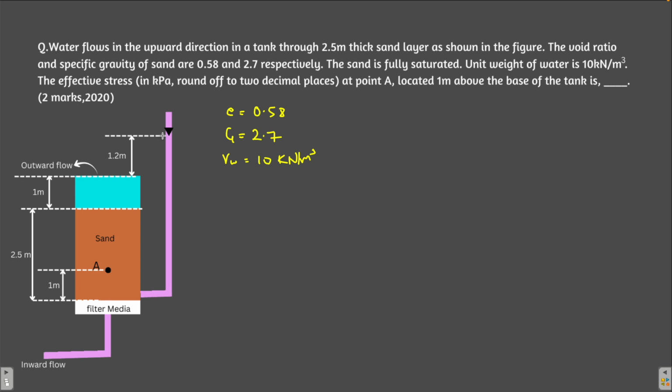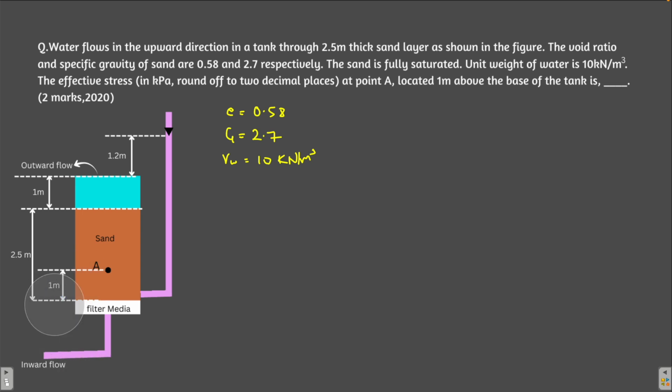So we have to find out what is the effective stress working at this point, which is located 1 meter from the base of the sand.